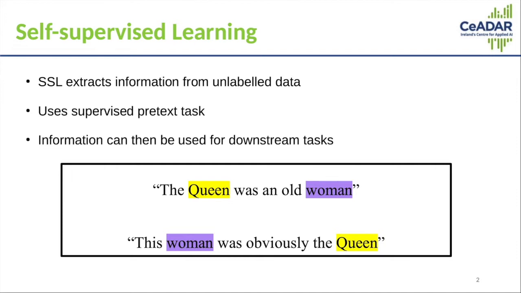The fact that the words woman and queen often appear in proximity to each other tells you something about the text. Using some kind of supervised task like predicting missing words in sentences, or predicting the last word in a sentence, can be used to extract information from the unlabeled data.